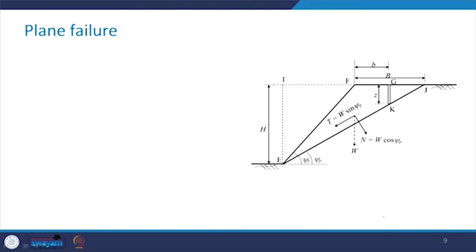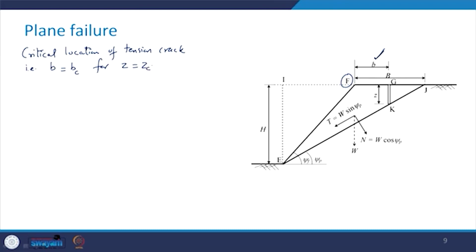So, you see here the tension crack is occurring at a distance of b from this point F. So, if we want to find out the critical location of the tension crack, that is our b will become equal to bc for z equal to zc.